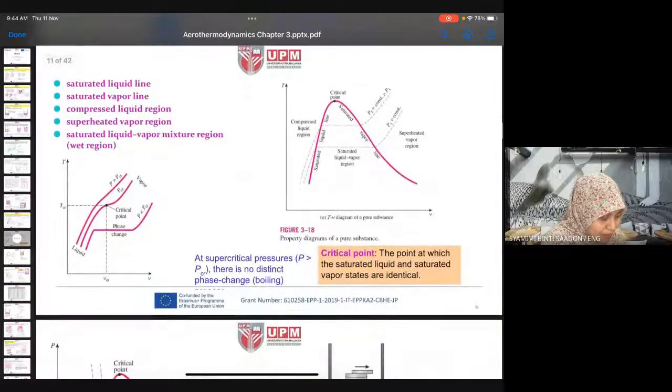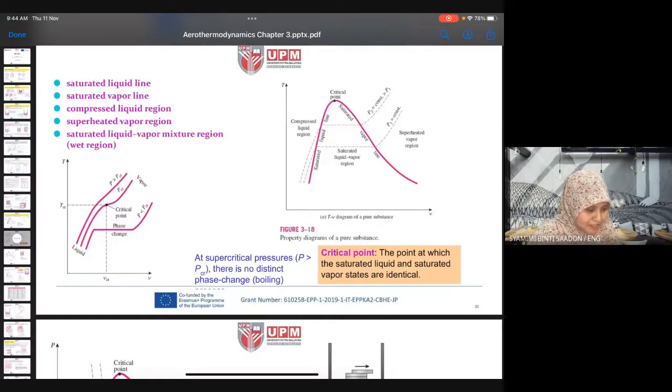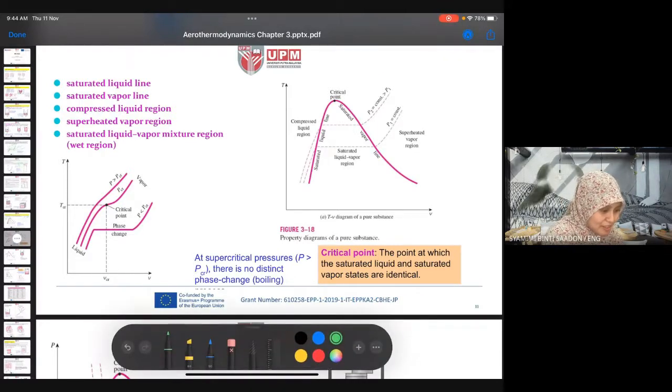The same thing here, this one and this one on the right hand side. For example, the dotted line P1, I'm not sure, maybe 1 megapascal here.